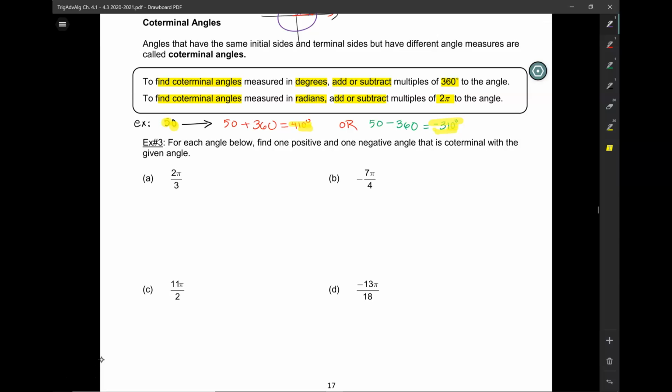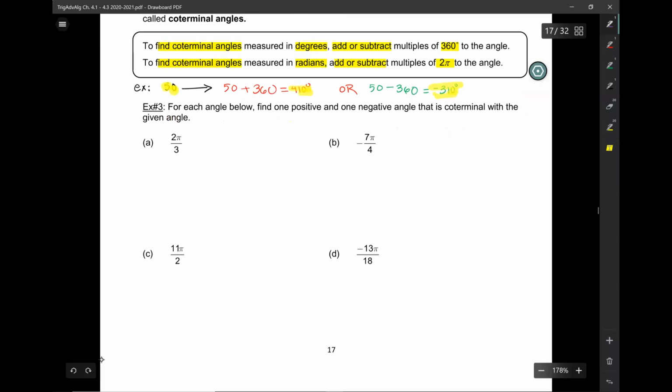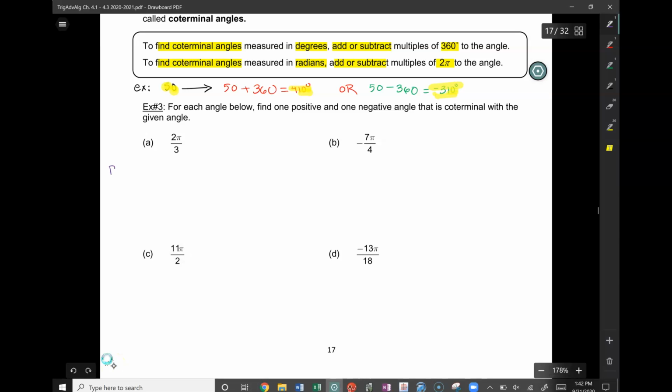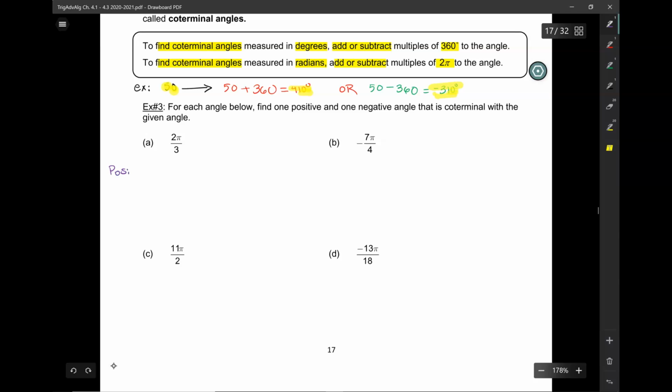So with radians, I have to add and subtract 2 pi instead of 360. So for my positive coterminal angle, I get my 2 pi over 3, and I want to add 2 pi. Well, I need to do a common denominator, right? If the denominator here is 3, then I multiply this by 3 over 3. So I get 2 pi over 3 plus 6 pi over 3, 8 pi over 3.